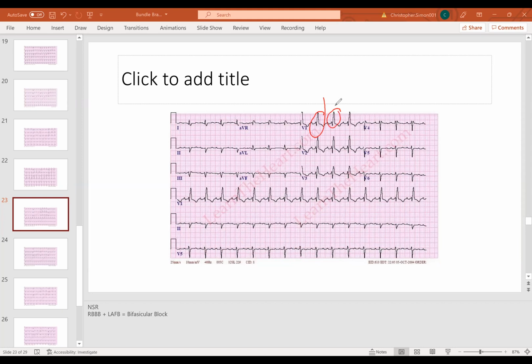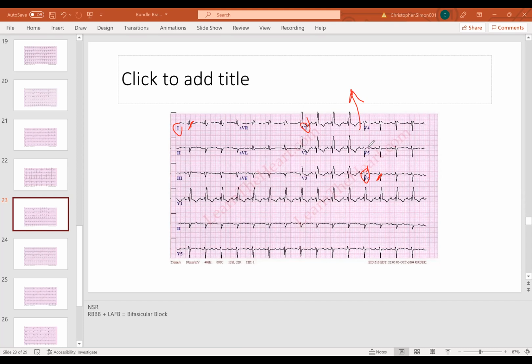So you'll notice my V1 is a little wide, and when it's wide and it has a positive deflection, lead 1 has a slurred S wave, V6 has a slurred S wave. That tells me we've got a right bundle branch block.